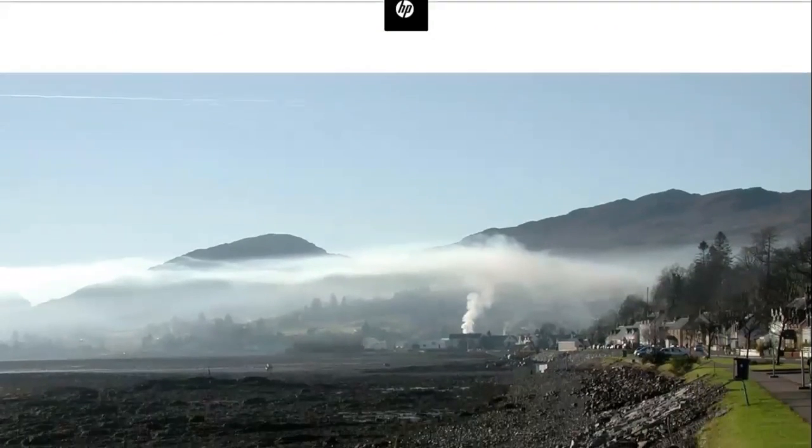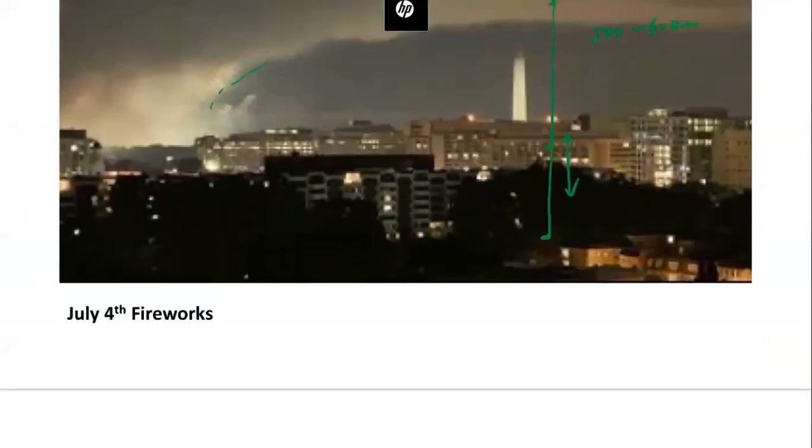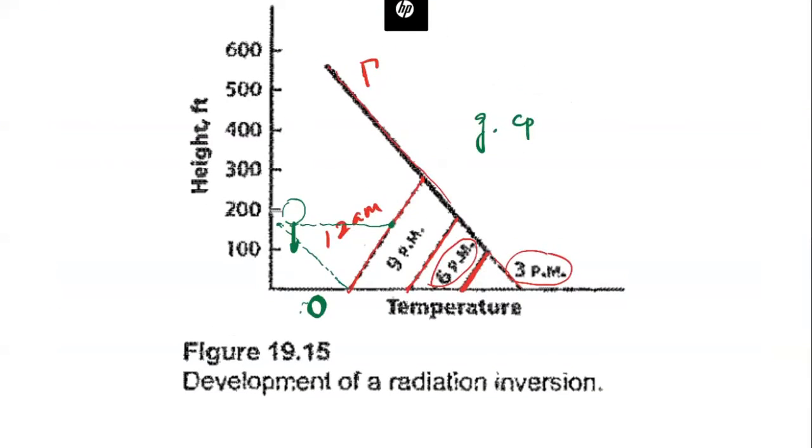We can also see pictures like this. This is over a village during early morning. During early morning, our ground is not warmed up either. Over the entire night, the temperature is always going to decrease until early morning, when the temperature is going to be the coolest.